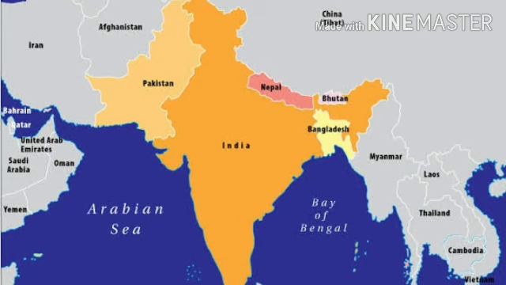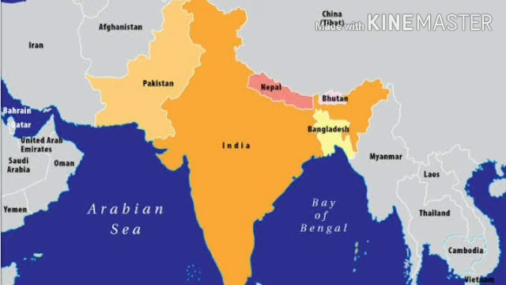Narmada, Tapti, Mahi, and Sabarmati rivers drain into the Arabian Sea.